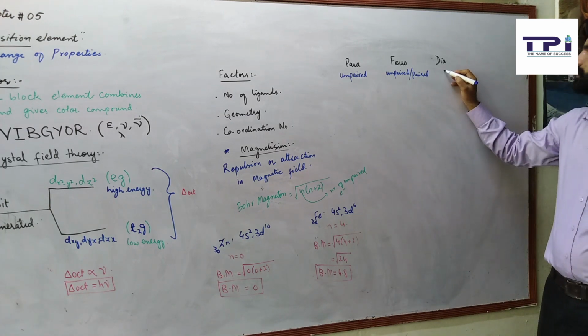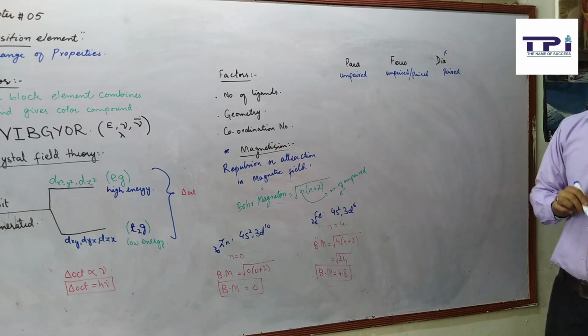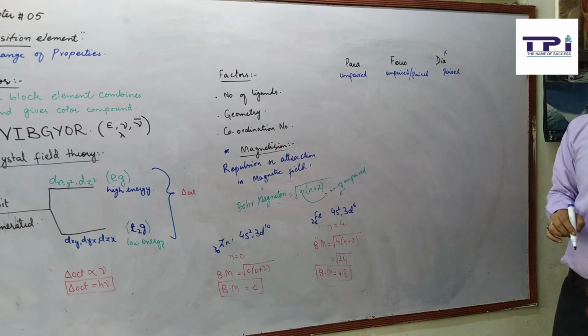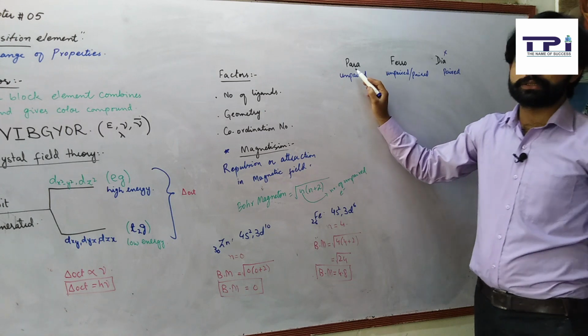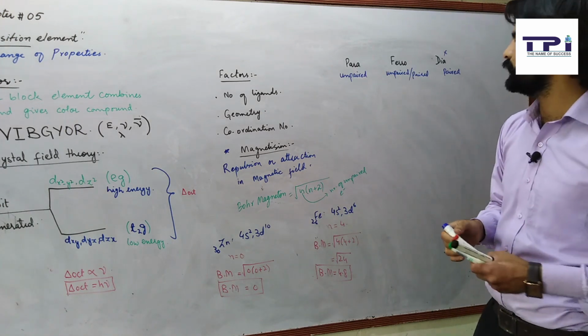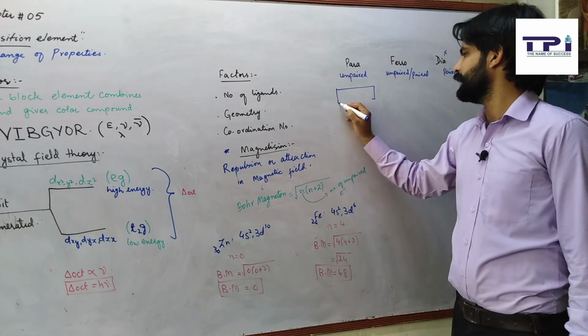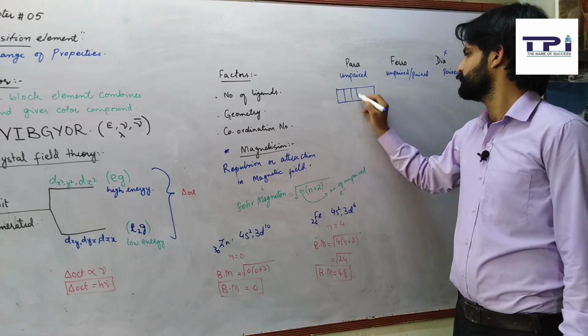Diamagnetism, all are paired, it can't be attracted by any magnetic field, while para and ferro can be attracted. We can understand diagrammatically as well.